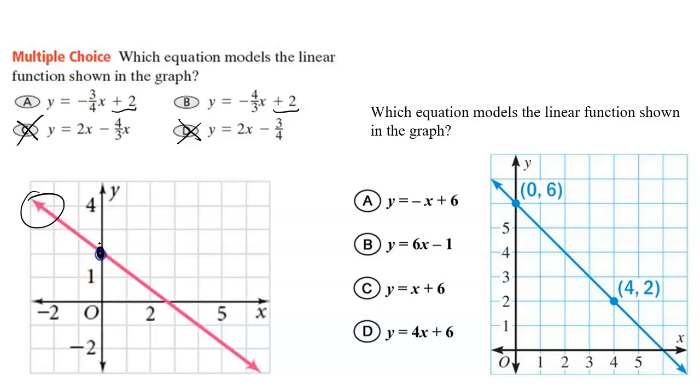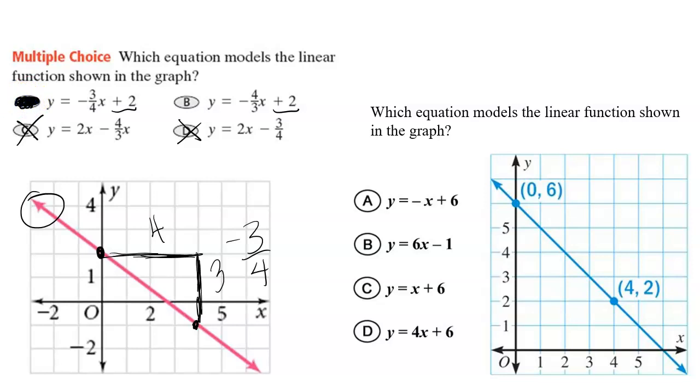Remember, good points are right in the corner of the squares here. Okay, so I'm going to draw in my slope triangle, and I'm just going to count. That's a rise of 3 and a run of 4. So my slope should be 3 over 4, or specifically negative 3 over 4, which means my answer choice is A.